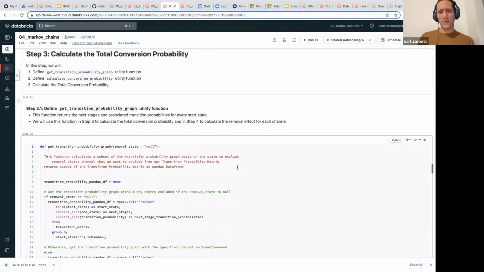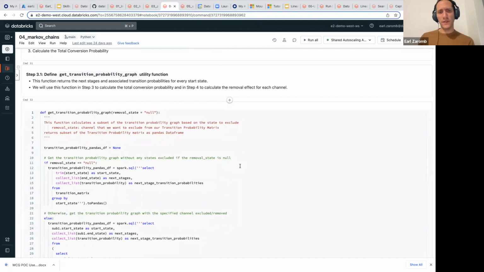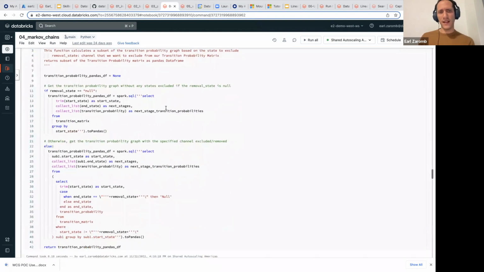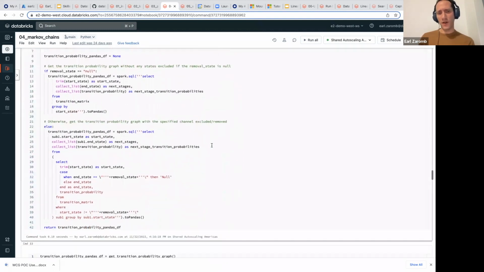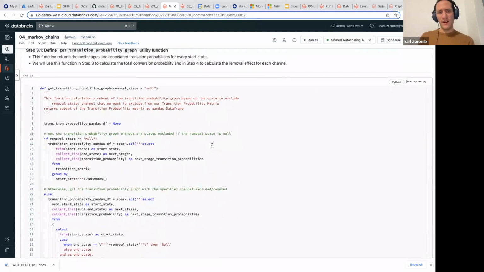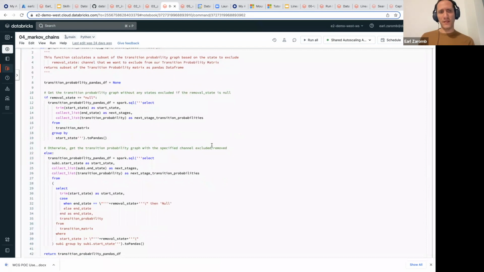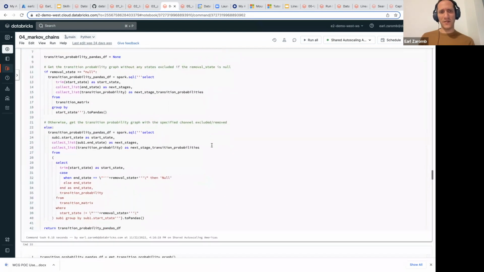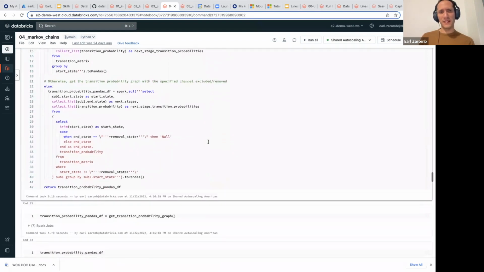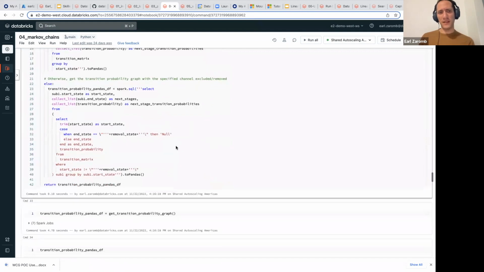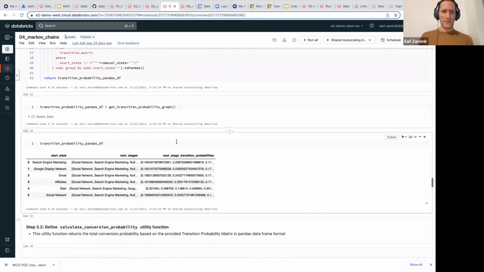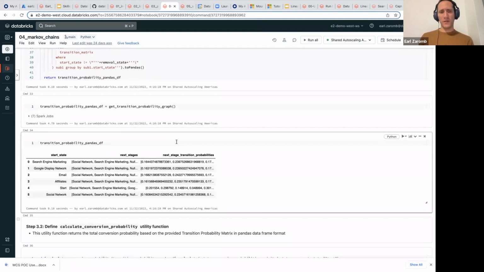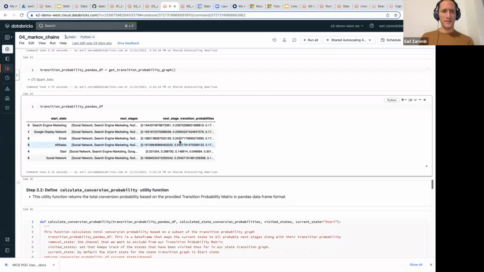Then we go through that step of removing all of the different states, and we're going to calculate an overall probability. That's what this function here is doing, where we run the function that will calculate the probability of converting if there were no channels or no marketing at all.